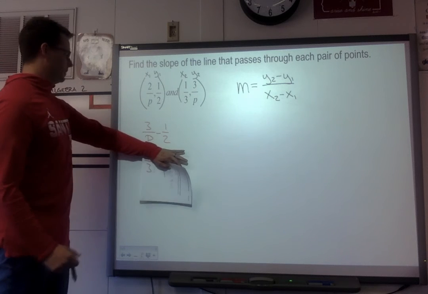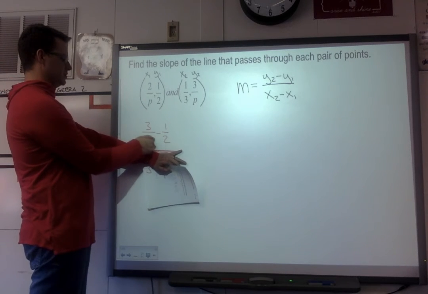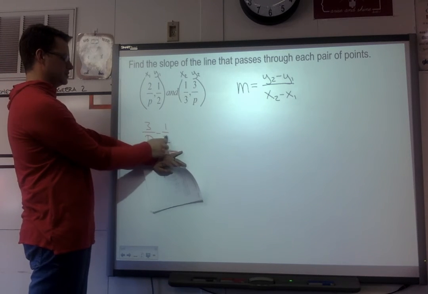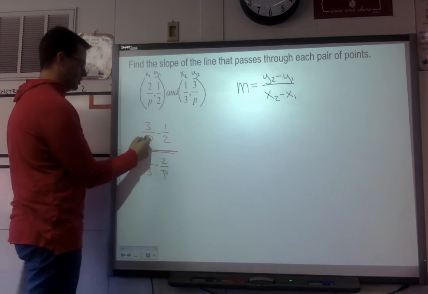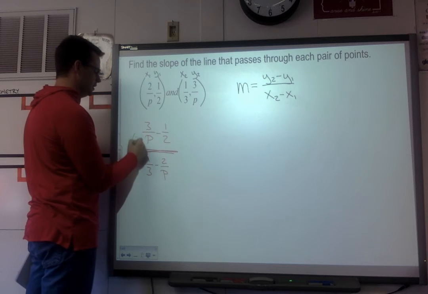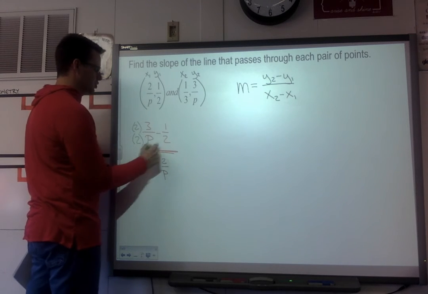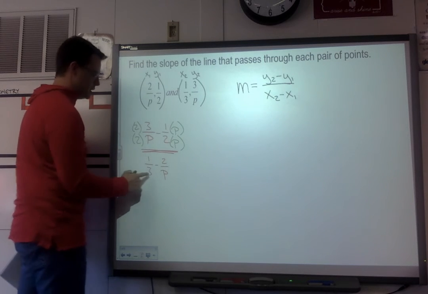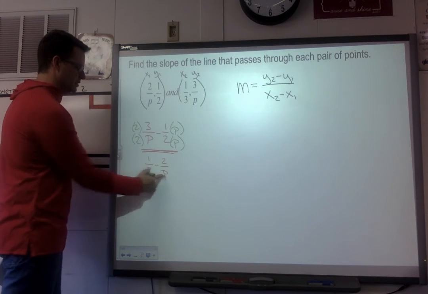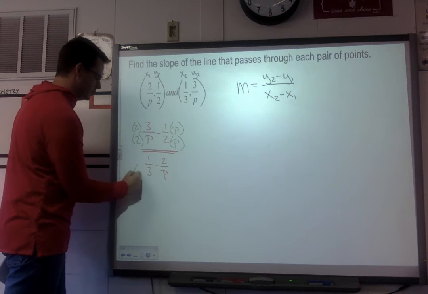Now, in my numerator, my common denominator is going to be the smallest number they both go into, which is 2. Variable is p, so common denominator will be 2p. So I'm going to multiply by 2 on the left and by p on the right. Denominator, the common denominator will be 3 times p.